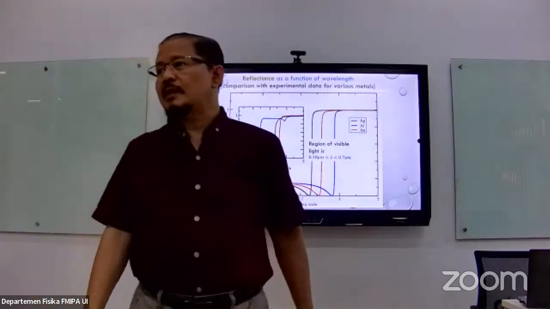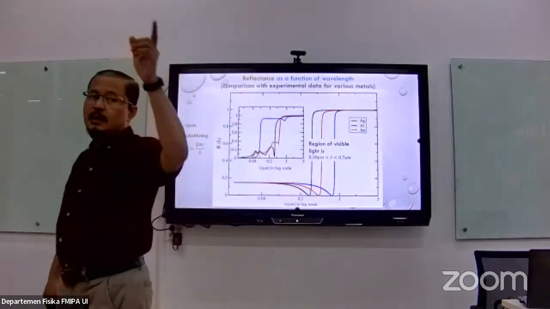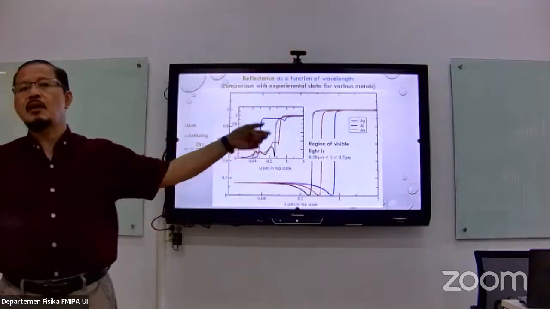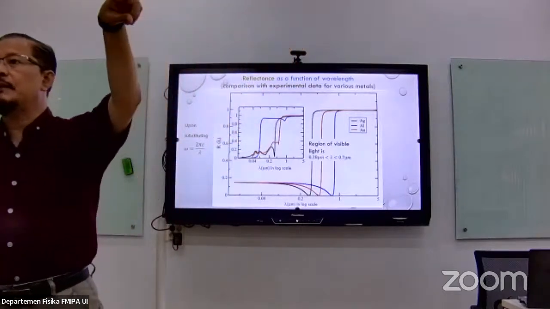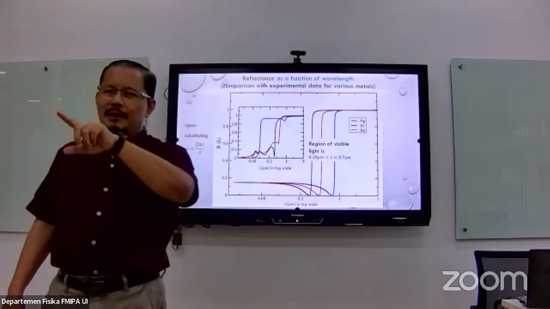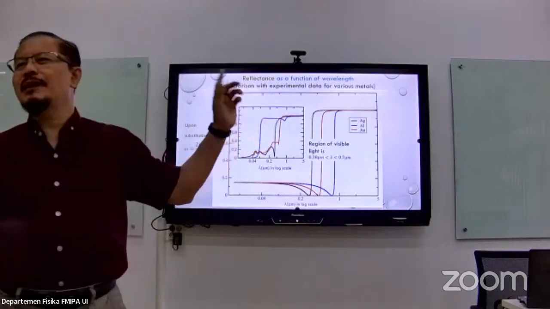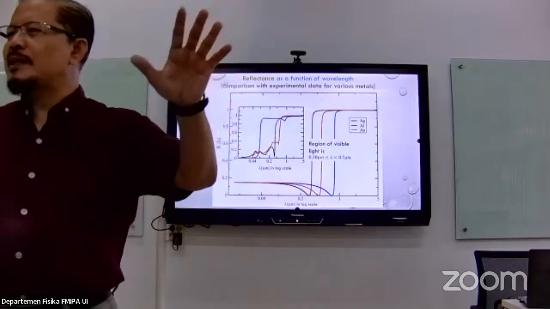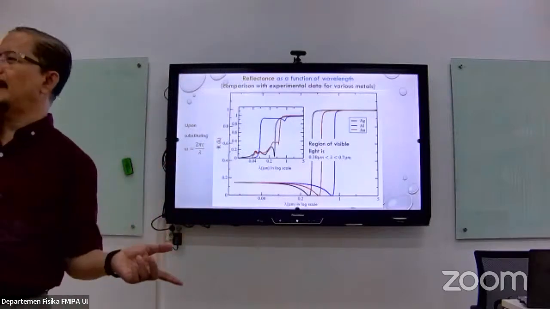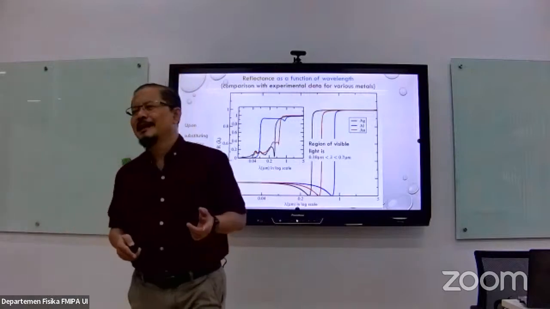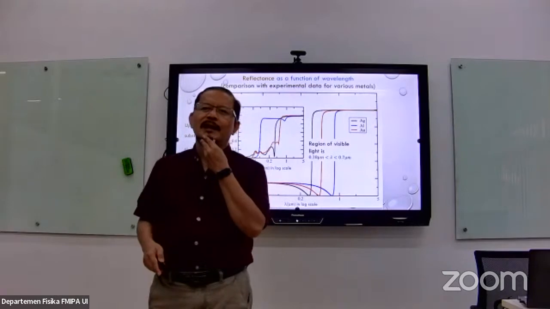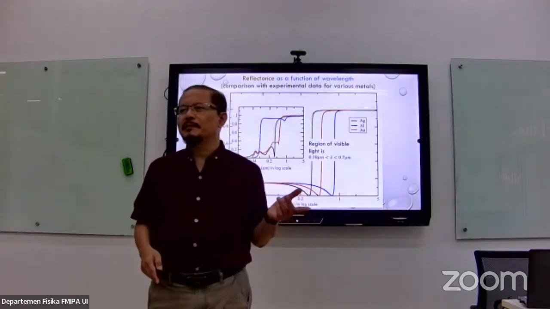But of course, there's a difference. As you have seen before, the formula depends on N. What is N? I also use N for representing the index of refraction, but when I say N in the formula of omega P, it is the electron density, the number of electrons per volume.